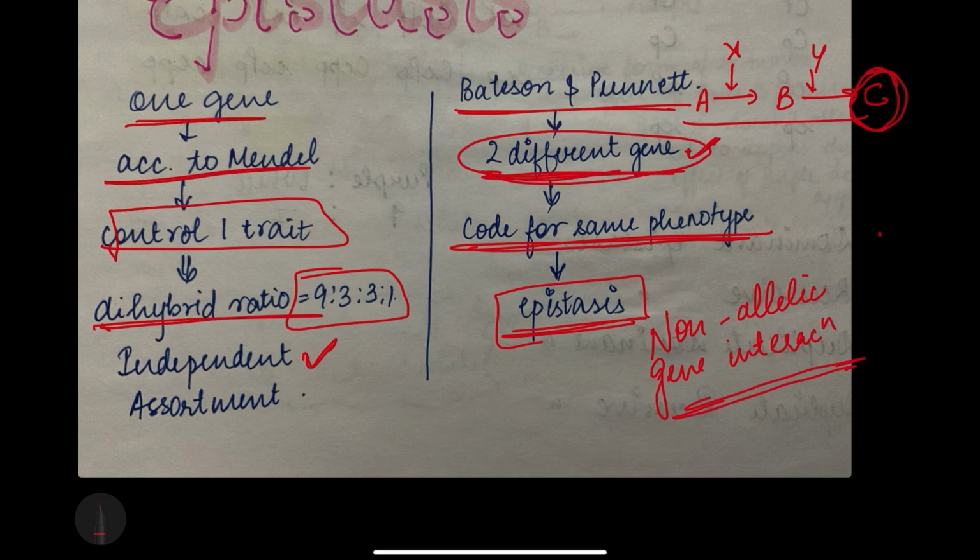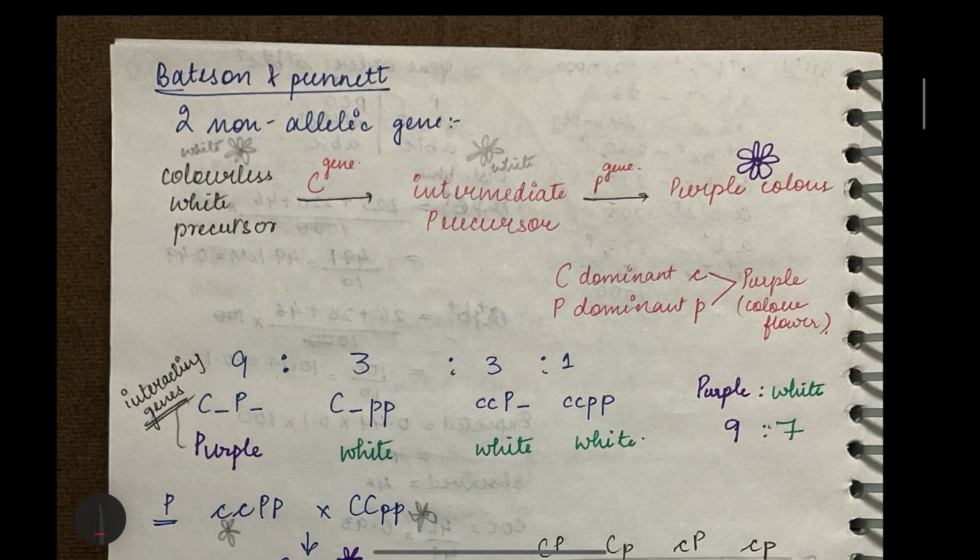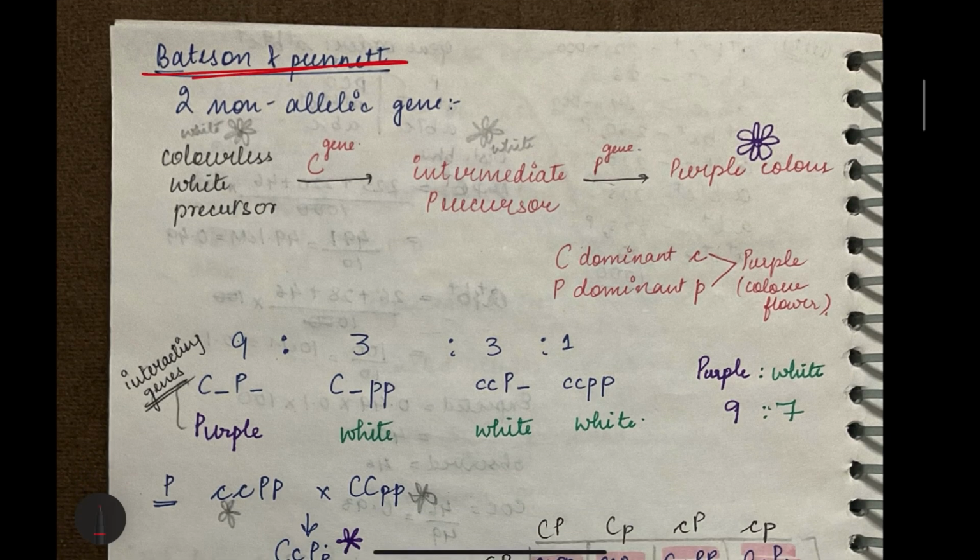Two different genes code for the same phenotype, that is a color or a shape. Bateson and Punnett showed that two non-allelic genes code for the same phenotype. Now let's check how they code for the same phenotype.